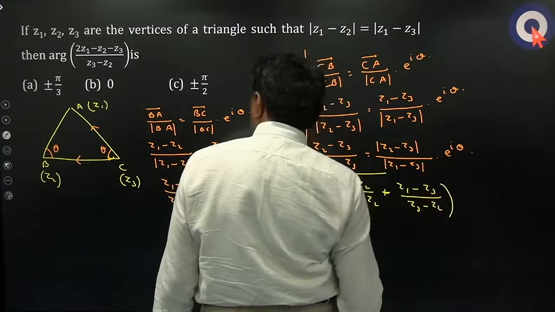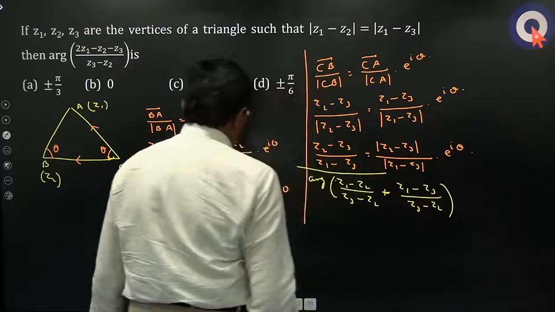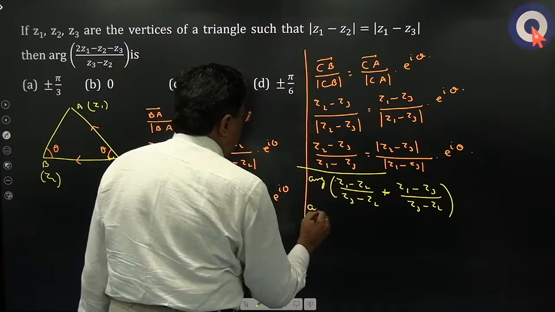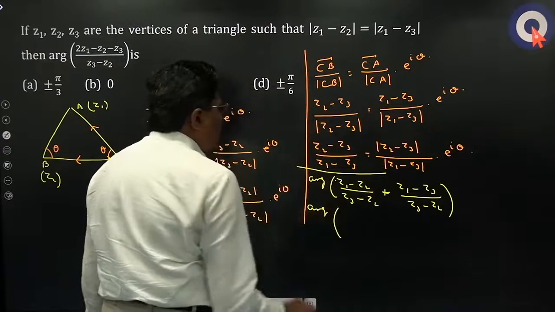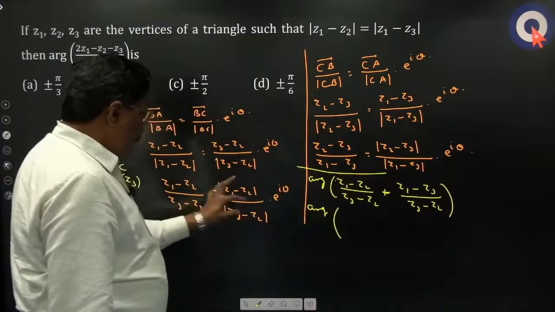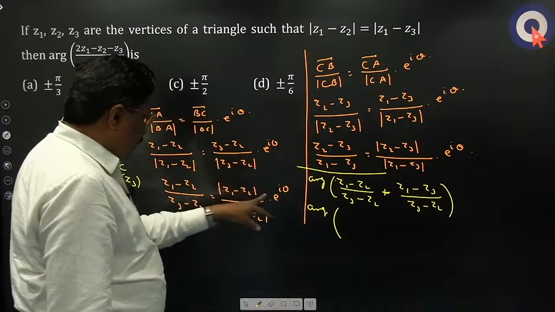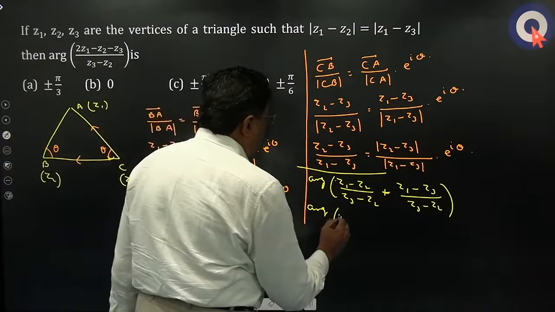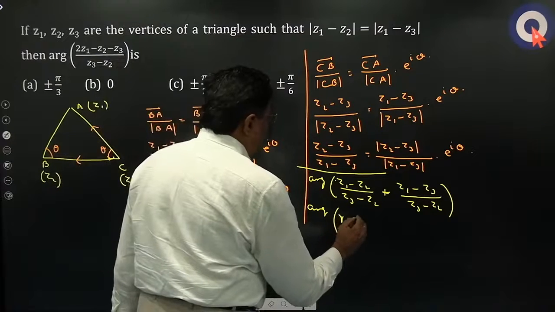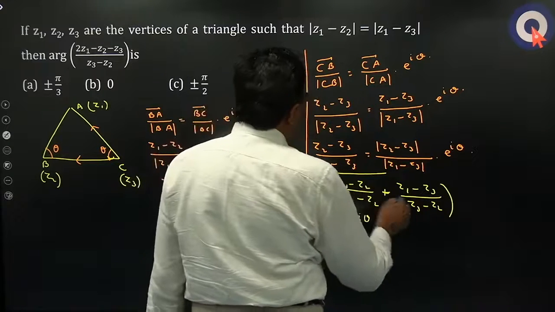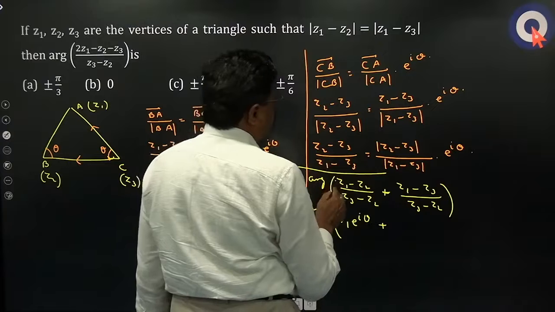This is what we want. Okay. So Z1 minus Z2 by Z3 minus Z2 is some real number, let that real number be R1, into e power I theta, plus Z1 minus Z3 by Z3 minus Z2.